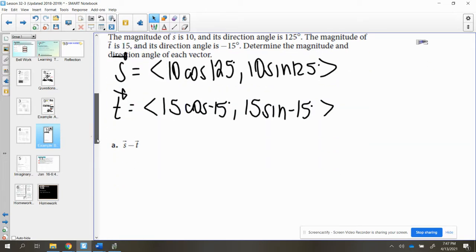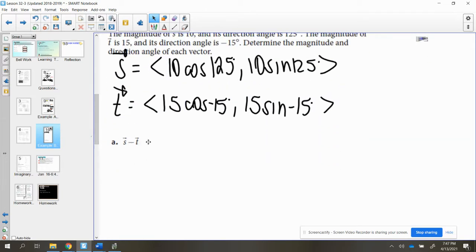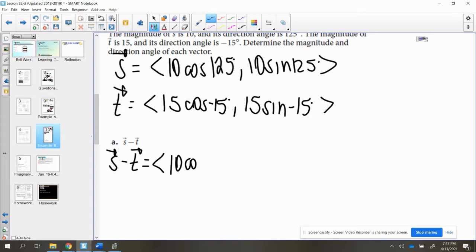Okay, so as we're calculating S minus T, and we eventually want to find the magnitude and direction, the first thing we need to do is actually calculate, okay, what is the value of S minus T? So again, to find component A, we're going to subtract the A component of S, which we know is 10 cosine 125, and we're going to subtract away from that the A component of T, which is 15 cos negative 15.